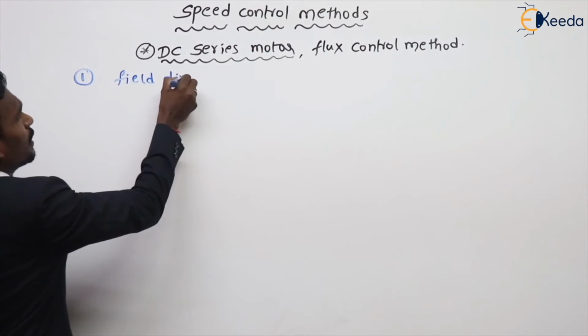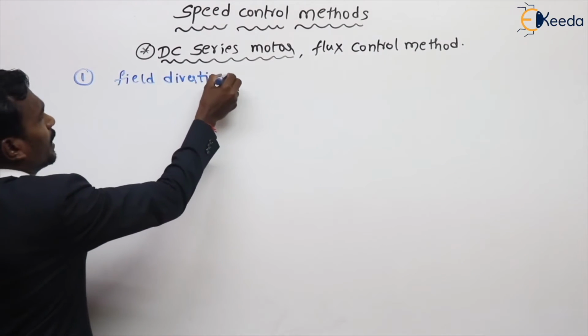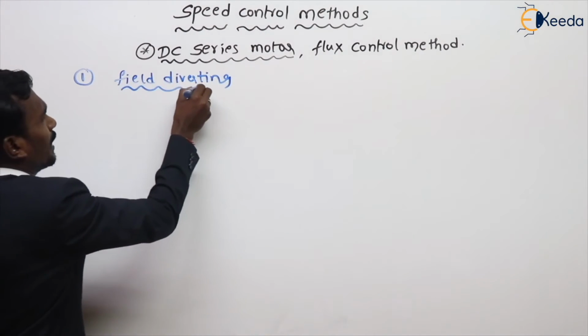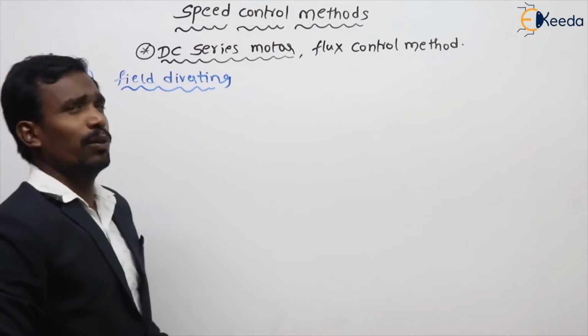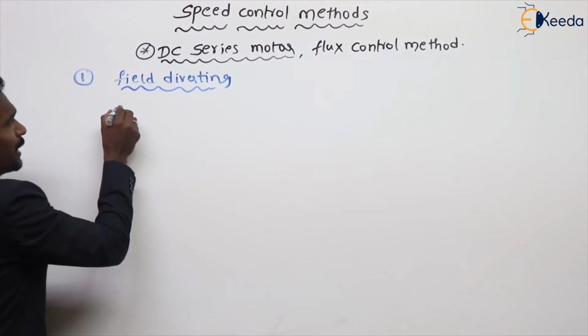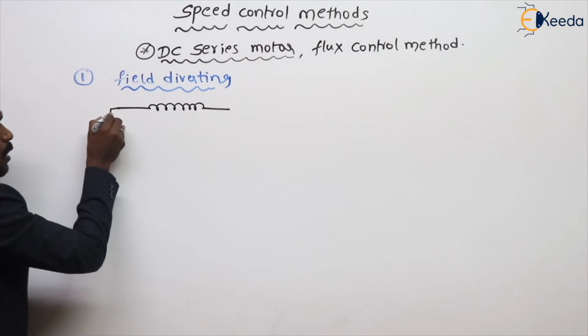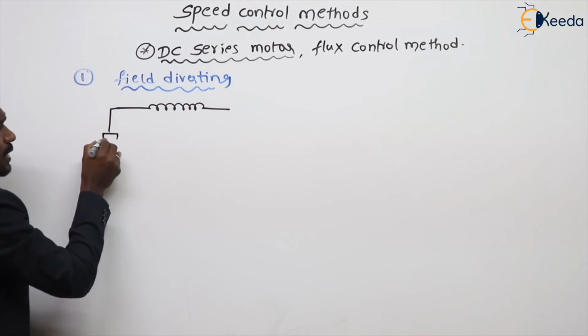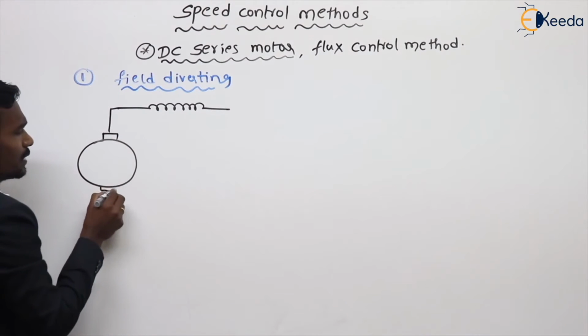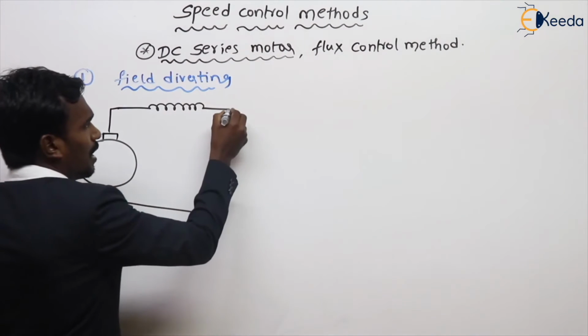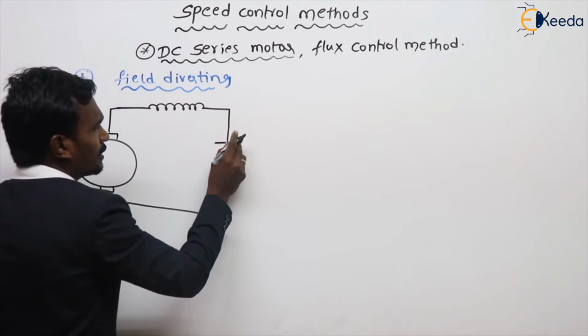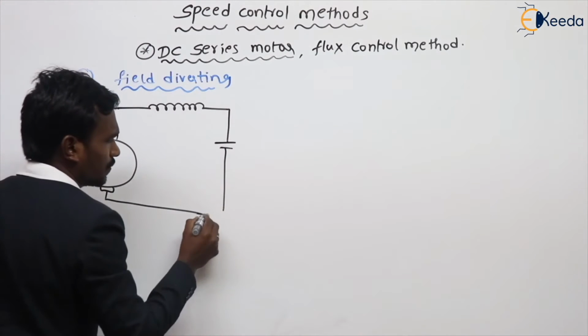Field diverting will be done in this method. Let's see how we can divert the field. For example, this is my field winding which is connected to the armature of the DC motor. Actually, it is like this.